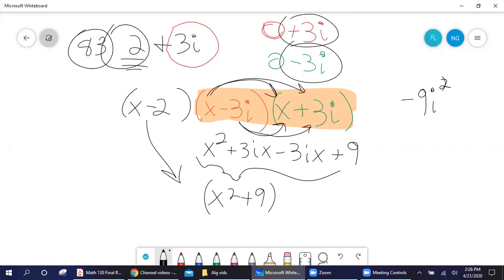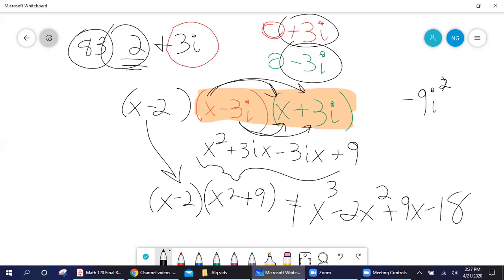I still have the x minus 2. Oops, not x plus. x minus 2. And if I FOIL those together, I get to my final answer, which is going to be x cubed minus 2x squared plus 9x minus 18.